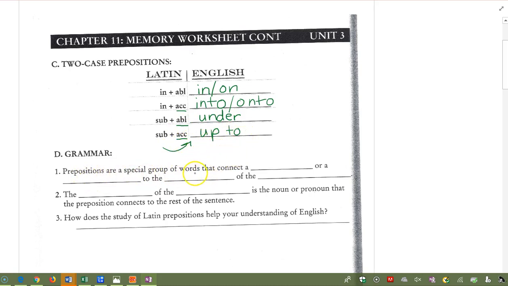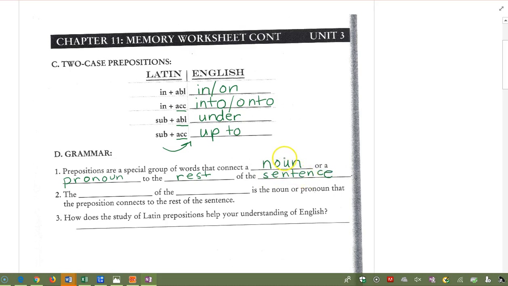Prepositions are a special group of words that connects a noun, you remember this, or a pronoun to the rest of the sentence. That is straight from Shirley Grammar.